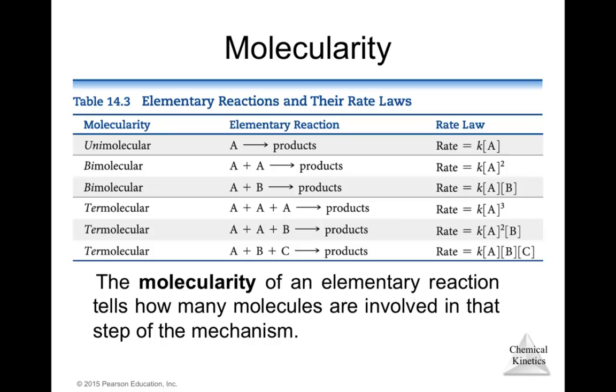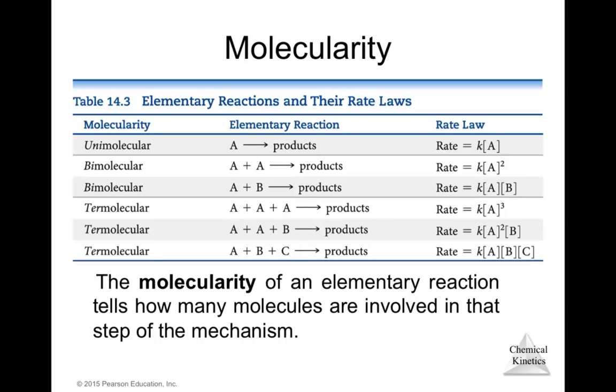Those molecules could be the same or different. The important thing is that you need to have just two in the reactants, okay? So the rate law is going to be k[A]^2 in this case because both of them are the same molecule, or the rate is going to be k times the concentration of A times the concentration of B. That's when we have two different reactants.